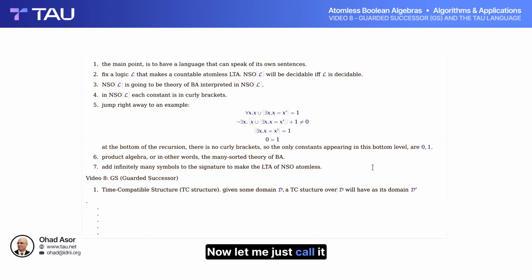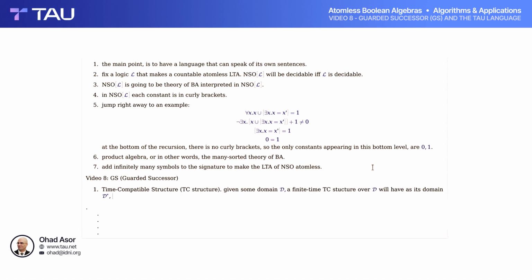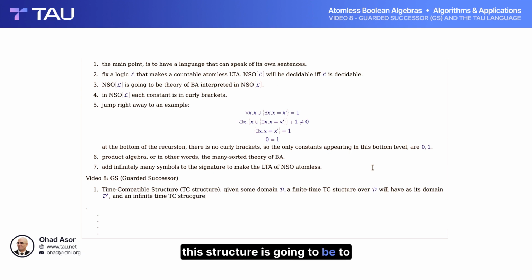Now, let me just call this a finite time TC structure, while an infinite time TC structure is going to have as its domain D to the omega, so all infinite strings with alphabet from D. As we shall see, our derivation will not make much difference between finite and infinite.